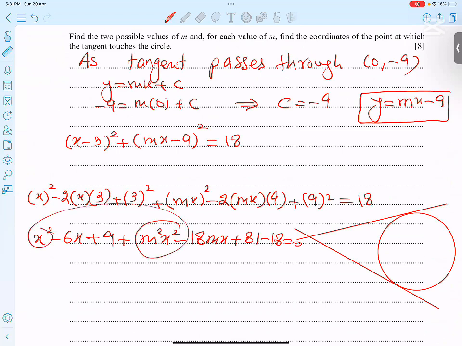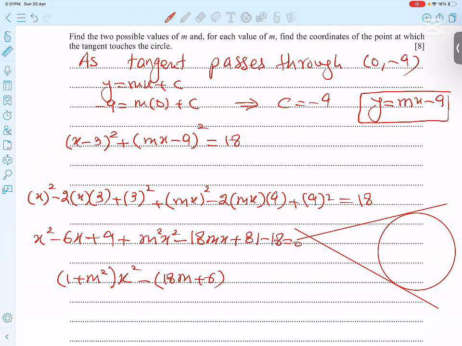So this x squared, I can take common. I got (1 plus m squared) x squared. How many x terms? This and this, so I can take negative common: minus (18m plus 6) x. I hope you got it.